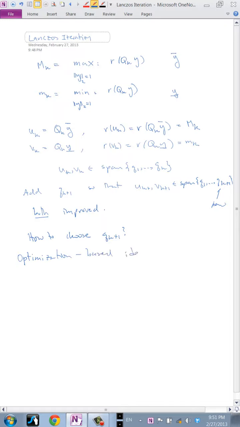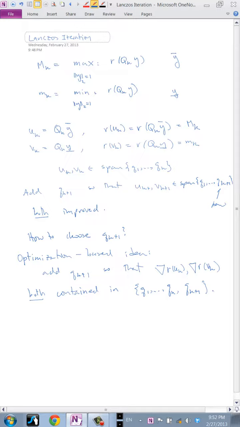An optimization-based idea would be to add q_{k+1} so that I could do a gradient step for improving M_k or little m_k. In other words, so that the gradient of R at u_k and the gradient of R at v_k are both contained in q_1 up to q_{k+1}, now that we've added this new element.